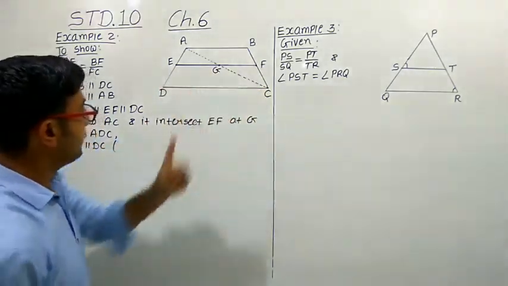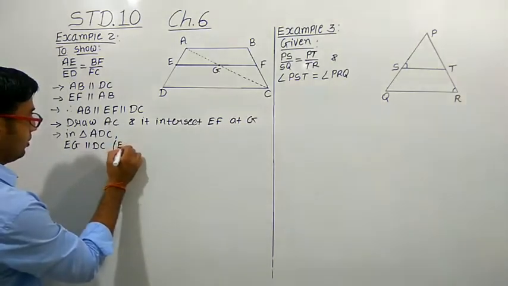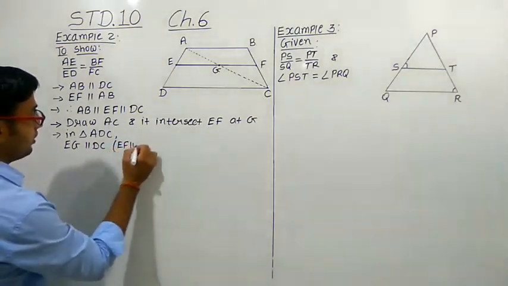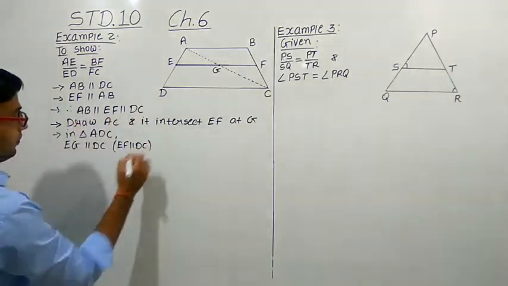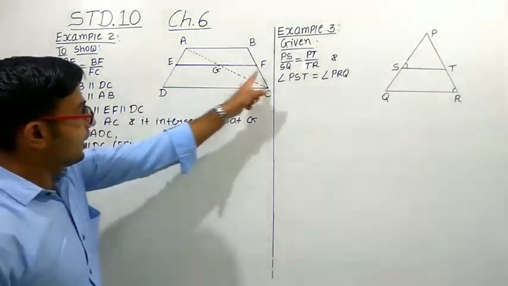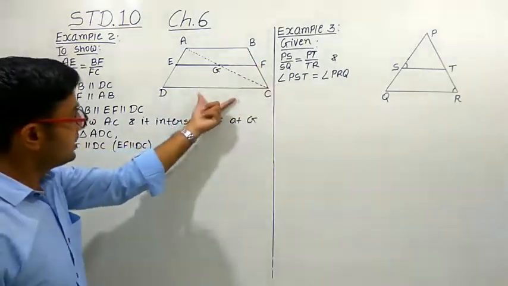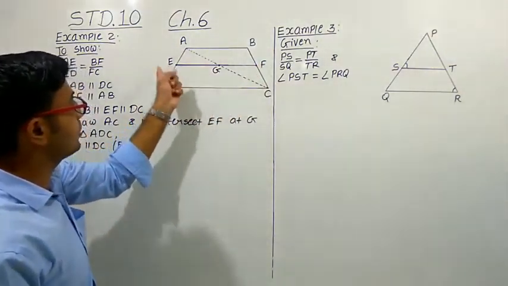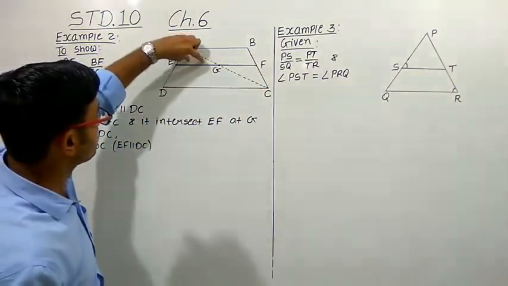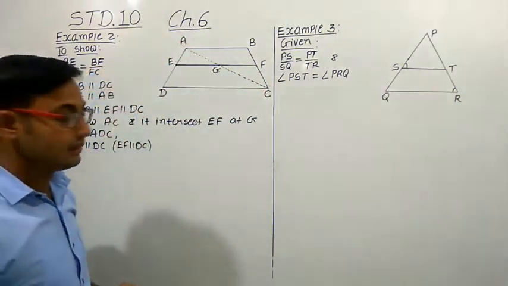Because EF is parallel to DC, which we have already proved here. Right? So if EF is parallel to DC, then EG, which is a portion of EF, is also parallel to DC, right?